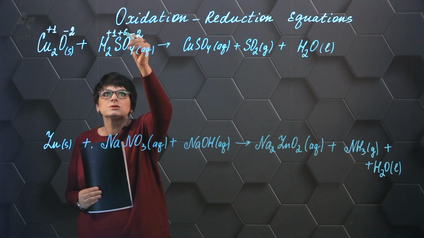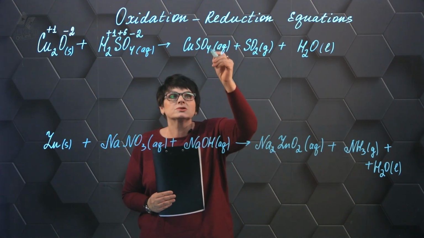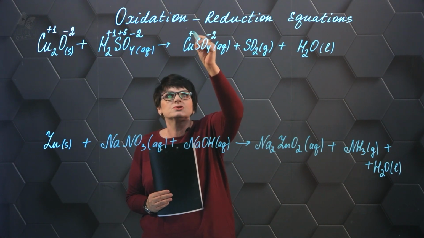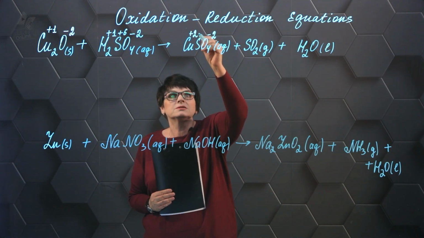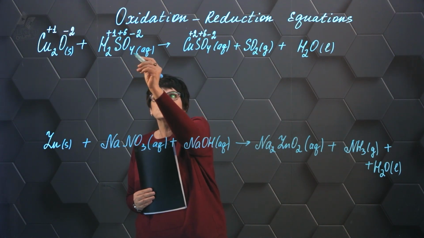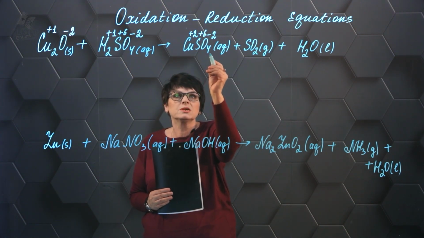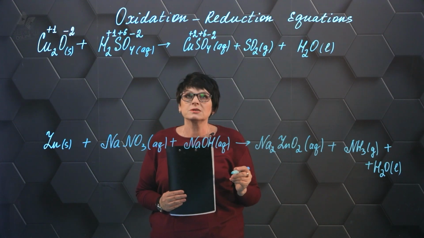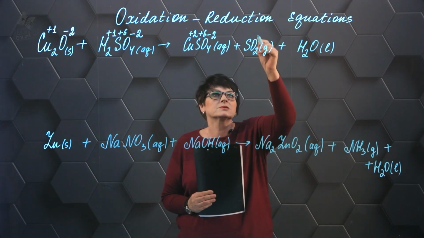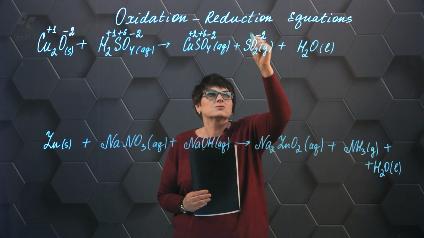Moving on to CuSO4, oxygen has a charge of -2, copper in this case carries a charge of +2, resulting in sulfur having a charge of +6. This is when we should acknowledge that if the acid residue remains unchanged, the oxidation degree charges will stay the same. In SO2, oxygen carries a charge of -2, which means sulfur carries a charge of +4.